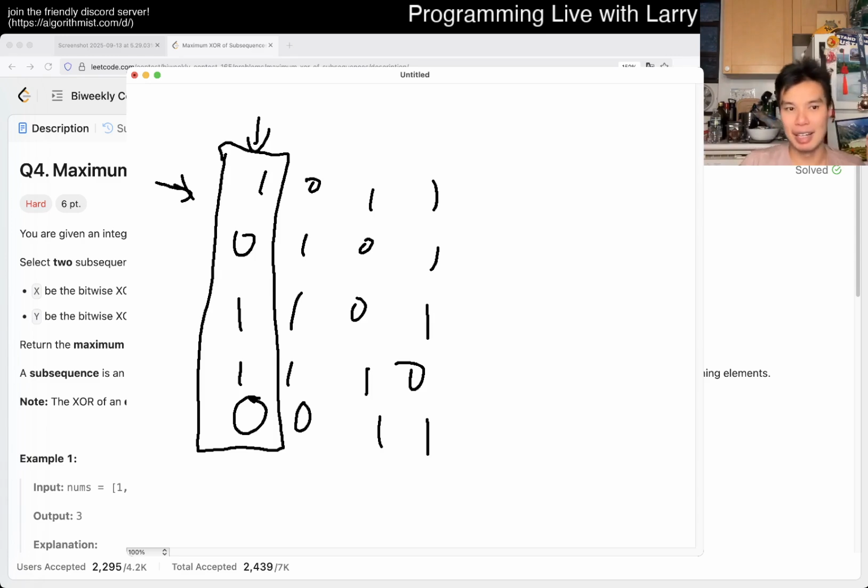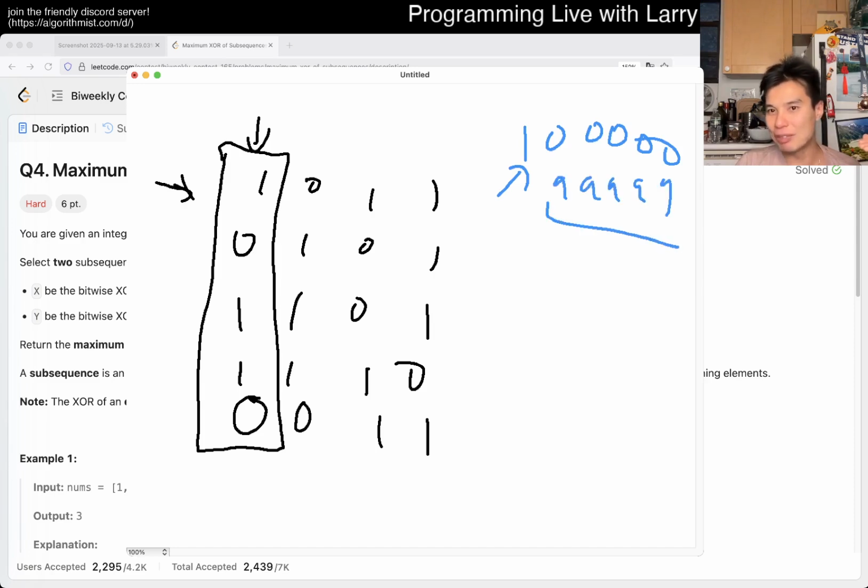What I mean by that is that it doesn't matter. Like, we'll do a digital or a base 10 example. If we optimize for the first bit, even if the rest of the bits don't matter, because if the first bit is 0, this number will always be bigger than this number.